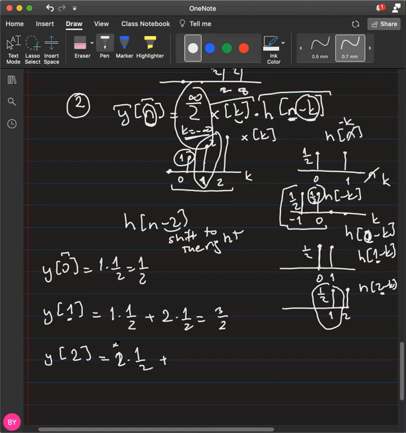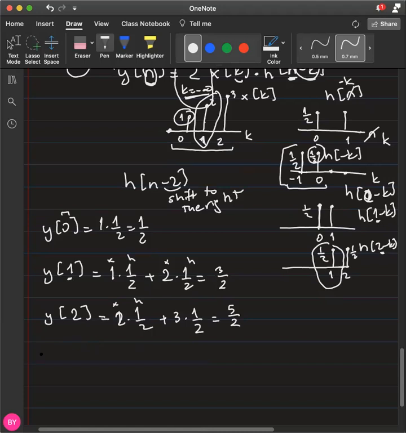These are the x values, and these are h values, okay? x and h. And then plus 1 over 2 and 3. That means 3 times 1 over 2, which is 5 times 1 over 2, which is 5 over 2.